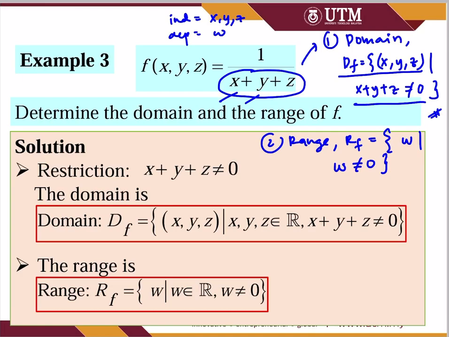That is our range. Because we take any value of x, y, z, it will be 1 over negative or 1 over positive, but it won't be 1 over 0. So that's why w cannot equal 0.